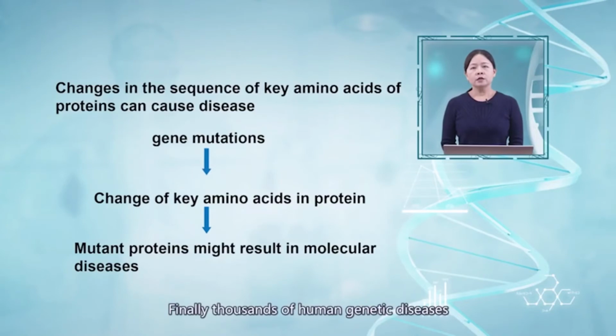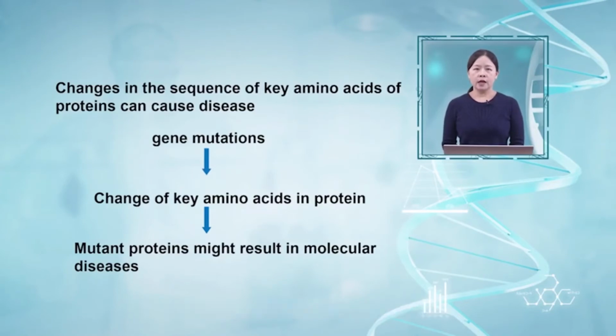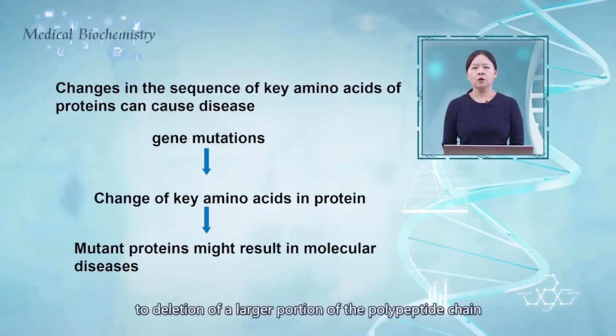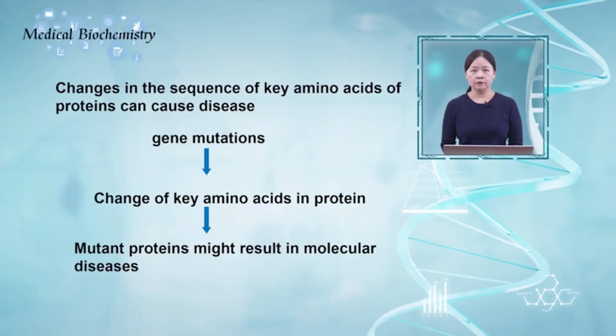Finally, thousands of human genetic diseases have close relationships with defective proteins. The defect can range from a single change in the amino acid sequence to deletion of a large portion of the polypeptide chain.